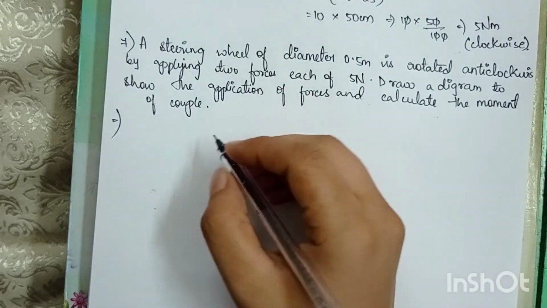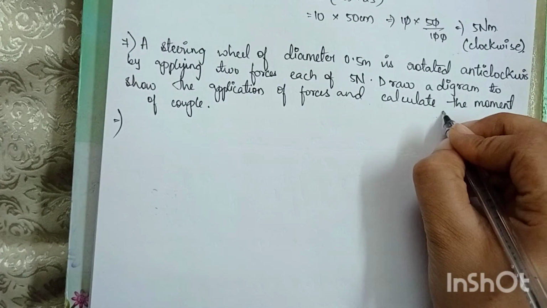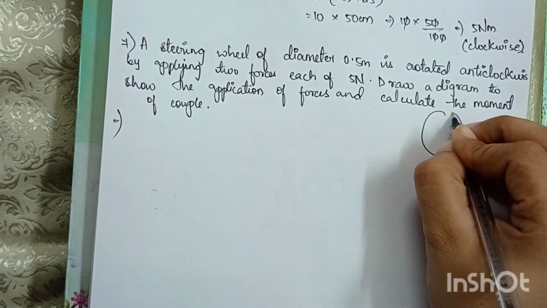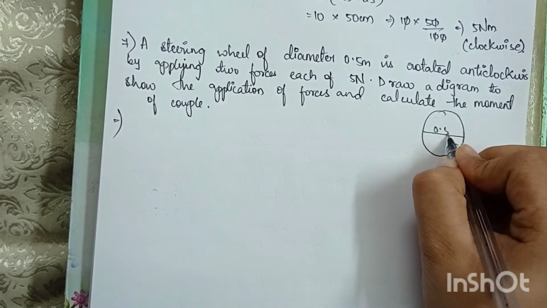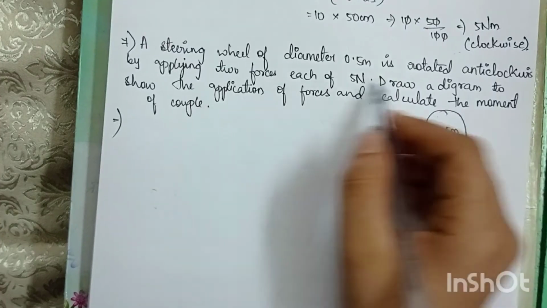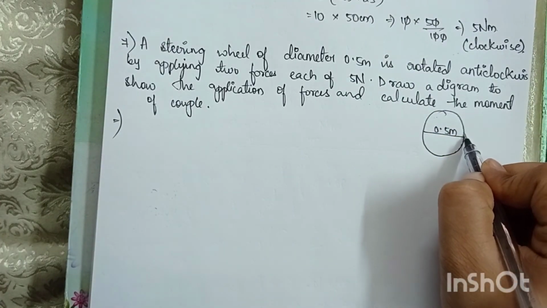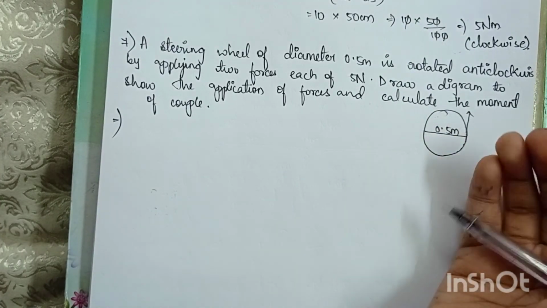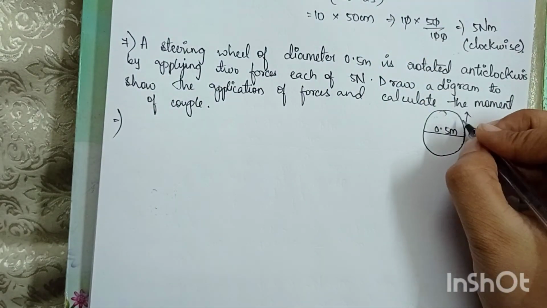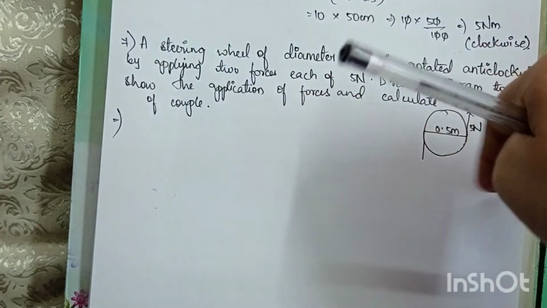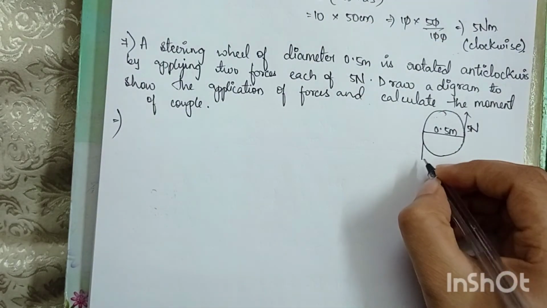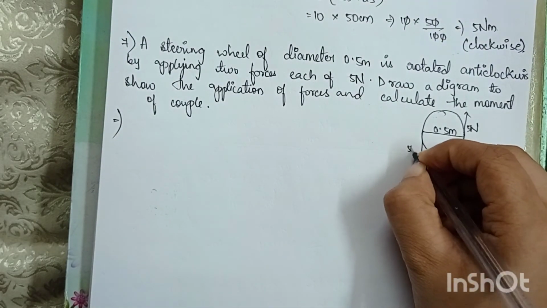Okay, so the diagram is, this is a circle, diameter of 0.5 meter, and two forces rotating it anti-clockwise. This one anti-clockwise will turn to your left hand side, which is 5 Newton, and this one will also turn inward, so this is also anti-clockwise, which is also 5 Newton.